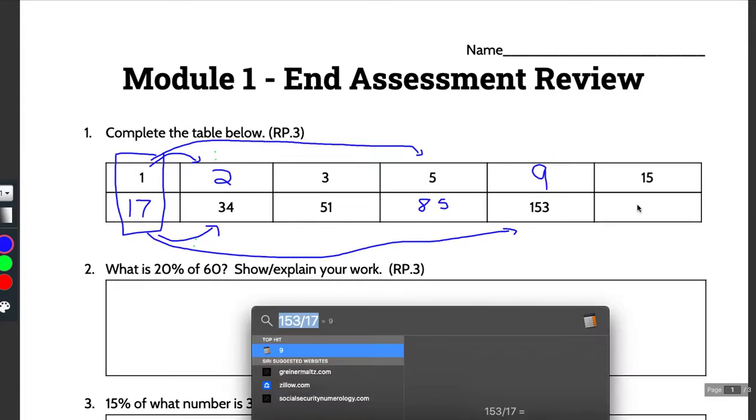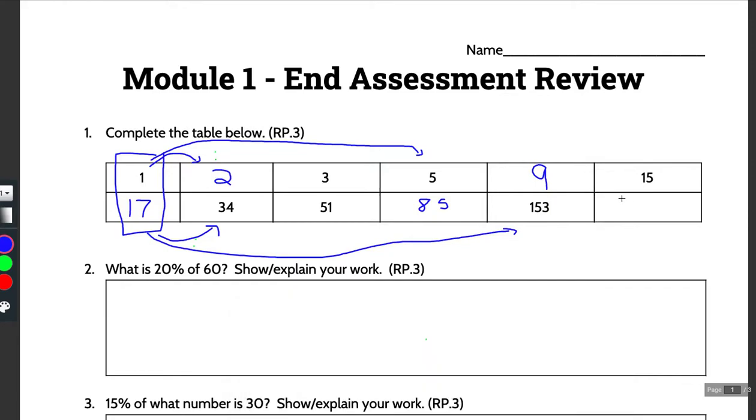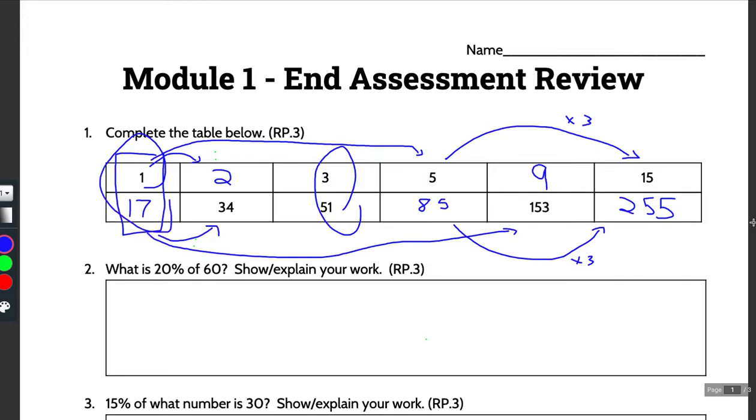And then I'm going to do 85 times 3 to get 255. I'm using different patterns because I know 5 times 3 is 15. So the important thing is always using one pair to find the rest. I'm going to quickly look at it and make sure that it makes sense. These all make sense.